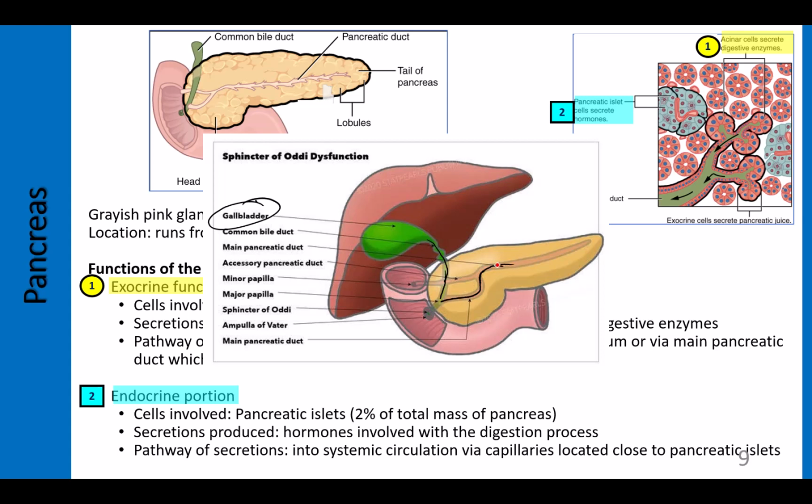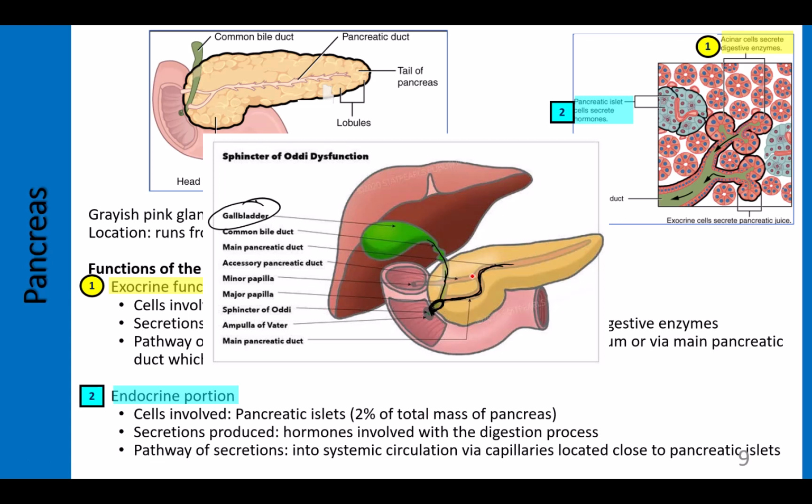So juices that are produced by the pancreas here get mixed into the ampulla over here, and the release of the pancreatic juices with bile into the small intestine is controlled by the sphincter of Oddi, which is also called the hepatopancreatic sphincter.